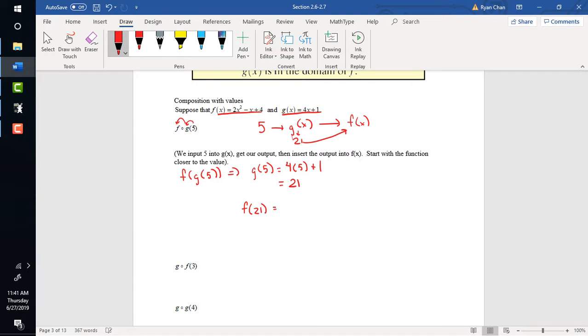And remember, every single time I see an x, I plug in 21. So it's 2 times 21 squared minus 21 plus 4.